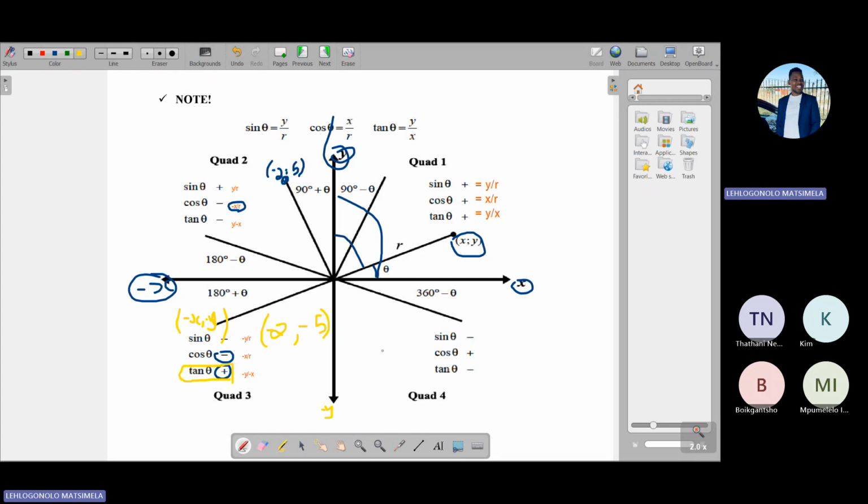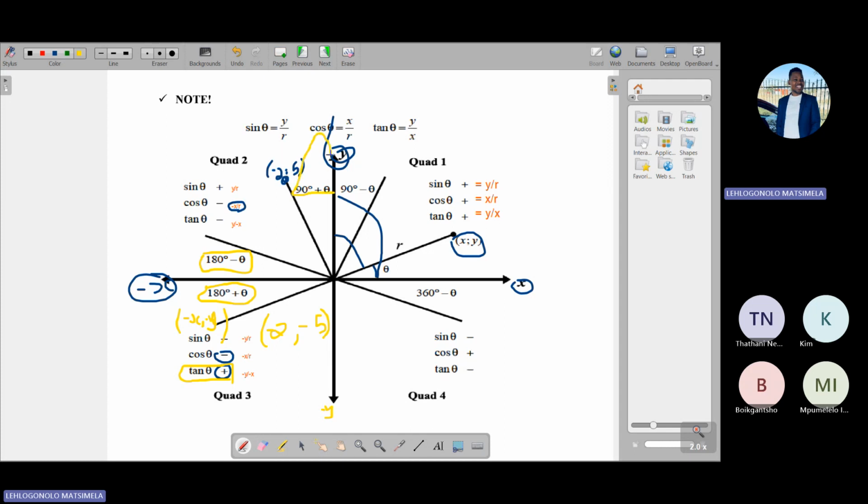Then the last quadrant is quadrant number 4, but before we go to it: on the third quadrant, we reduce it by 180 plus, while on the second quadrant, we reduce it with 180 minus and also 90 plus.